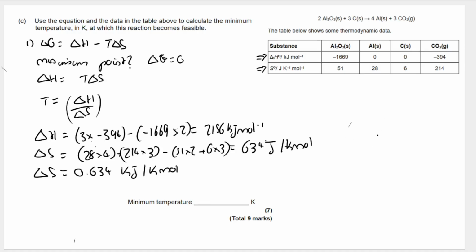When I'm writing per Kelvin mole, I simply mean per Kelvin per mole, for reference. Finally, we'll sub this into our equation to get an overall value for temperature, where temperature equals 2,156 over 0.634, which will be approximately 3,401 K.